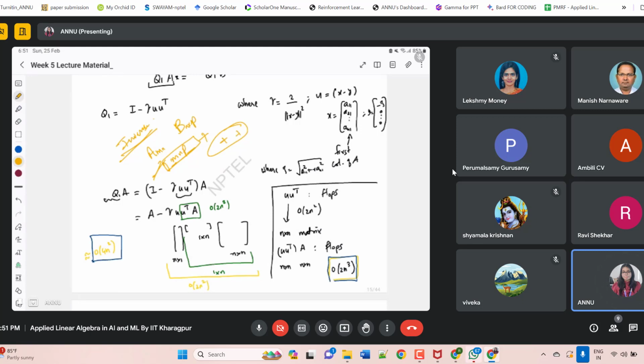Okay, so sir is just trying to identify flops, floating point operations, overall, if you're trying to calculate the QR decomposition. Yeah, Lakshmi, tell me. I was just telling him that flops stands for floating point operations: in a computer, how many operations it takes to do a particular computation. Yeah, that is true. That is the actual definition of it.